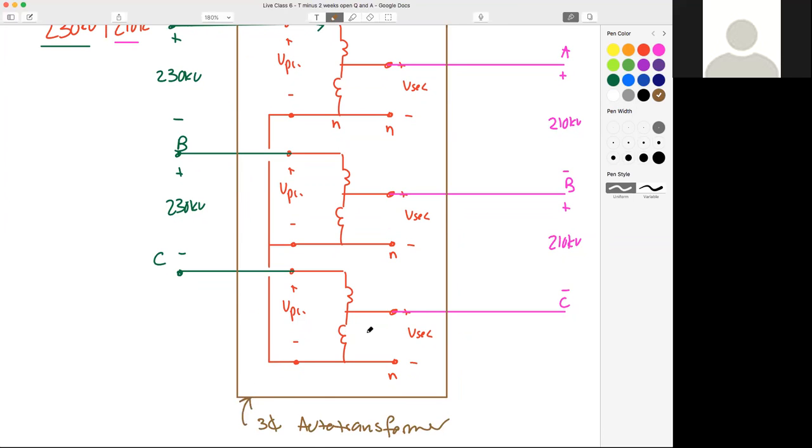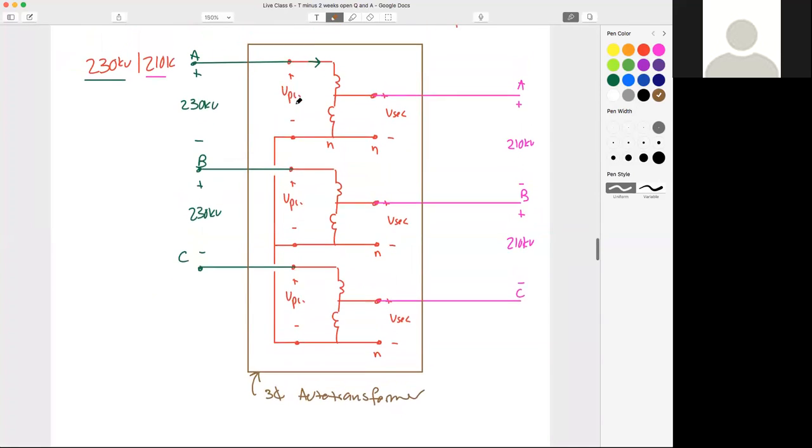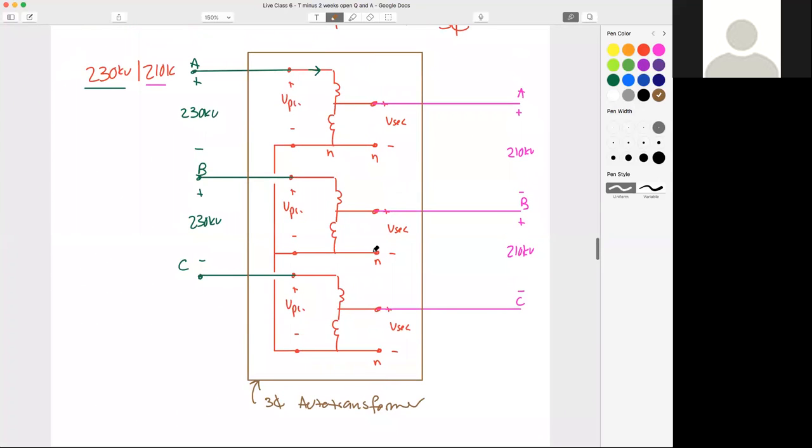So that phase voltage is never used for that transmission line, is it? That phase voltage, right, from plus to minus, A, B, or C to neutral, it's never used outside the auto transformer, but it's still required to be connected.